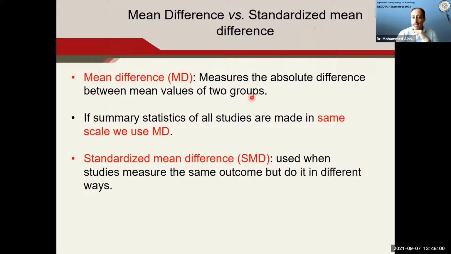So mean difference measures the absolute difference between mean of 2 groups, the intervention and placebo, or the first intervention and second intervention. So if the included studies use the similar scale, then it's better to use mean difference. To make it easier for you, let's say we are evaluating intervention for diabetes. So diabetes has similar outcomes, but let's say 5 studies measure the fasting blood sugar using the home-based small machine that diabetic patients can use.